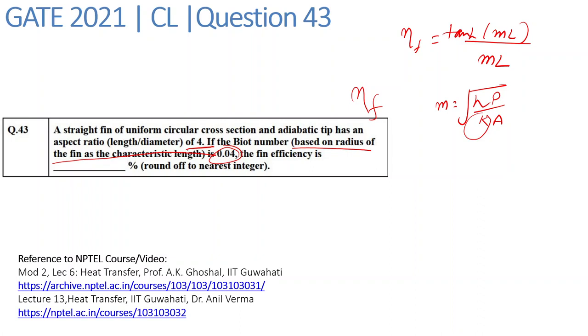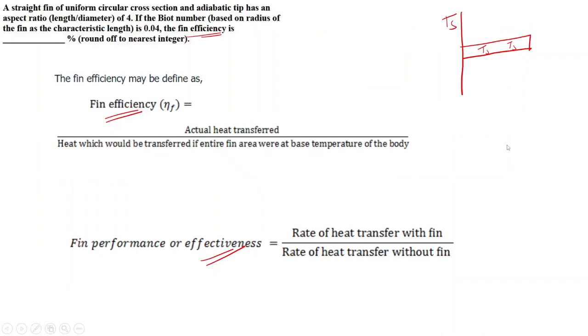I will wait for, I think, 1 or 2 minutes. If you have any doubt, then you can ask. Then we can move on to the other question. So this is how we define the fin efficiency and fin performance or effectiveness. Both are different measures to calculate the performance of the fin.